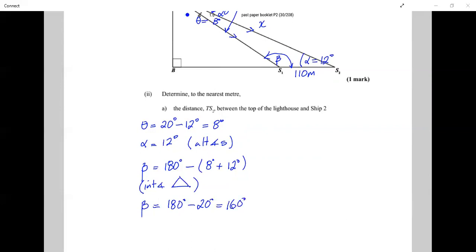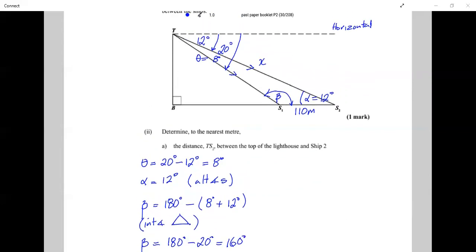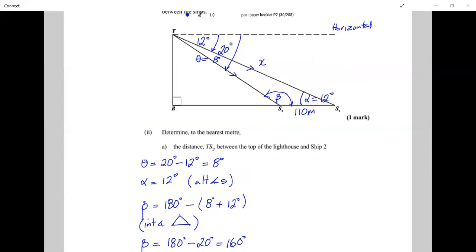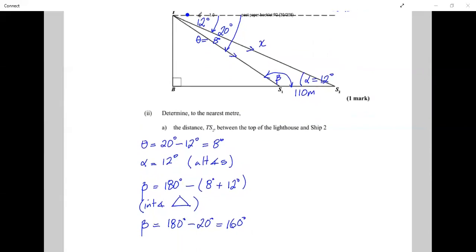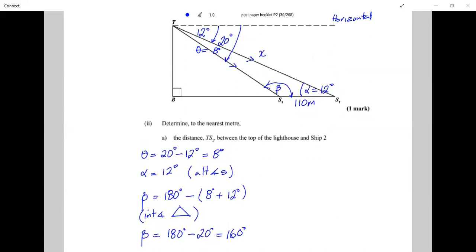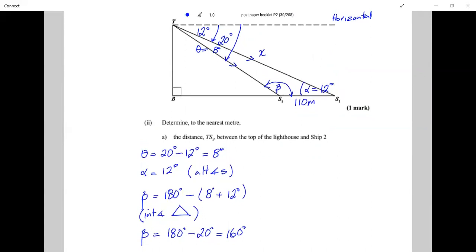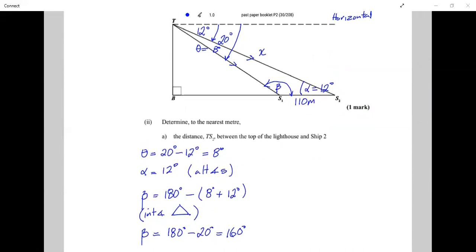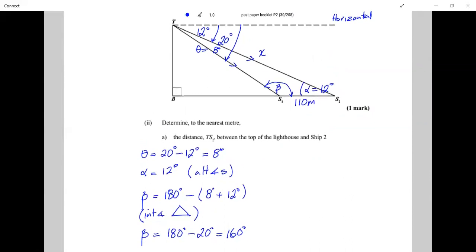Now, the next thing I'm going to apply is the sine rule. All right, so I actually know all three angles in the triangle, and I know one side. First of all, T S1 S2 is a non-right angle triangle.